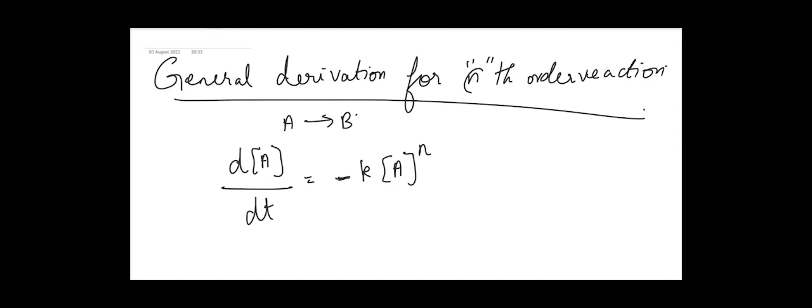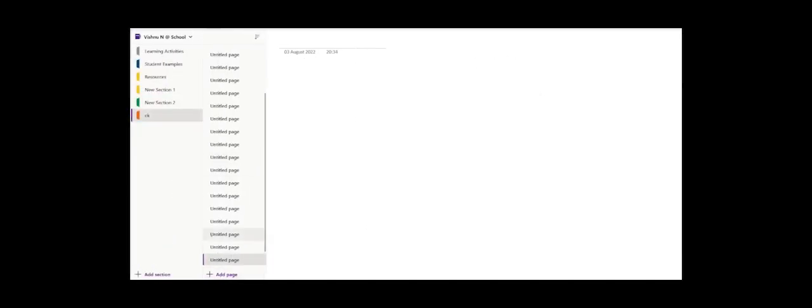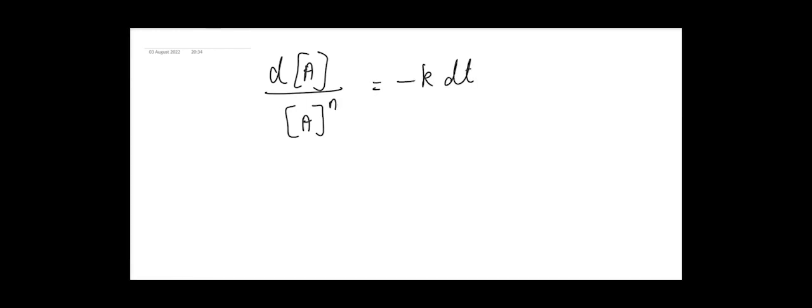Since we are taking the order to be n, this is nothing but the modified rate equation. This we already know. So now following the same steps by bringing A back to the LHS, we get this relation.